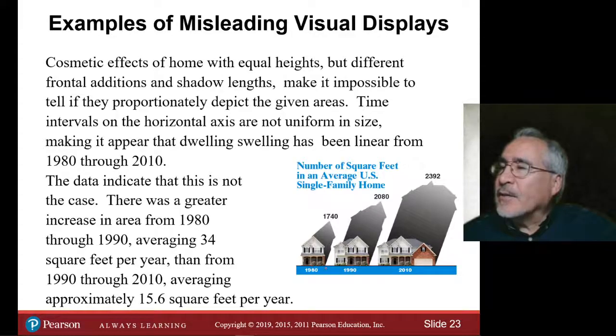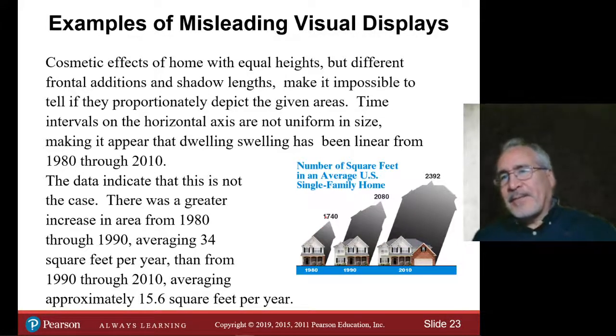And the graph itself is really the top of the peak there. But they've also got a two-dimensional thing where this one is much wider than this one, so it actually doubles, giving the impression that it's twice as much.